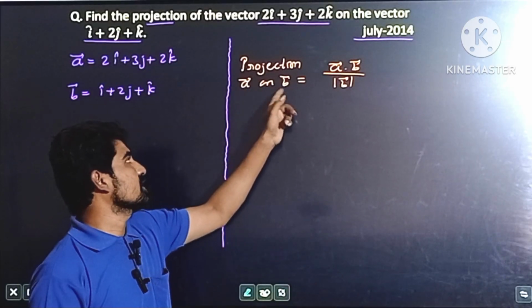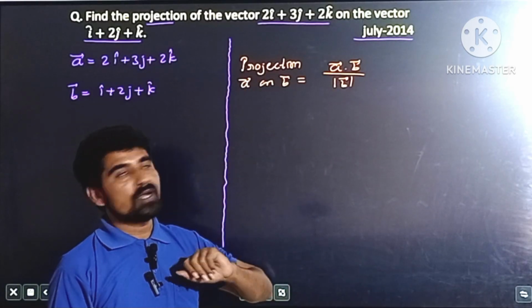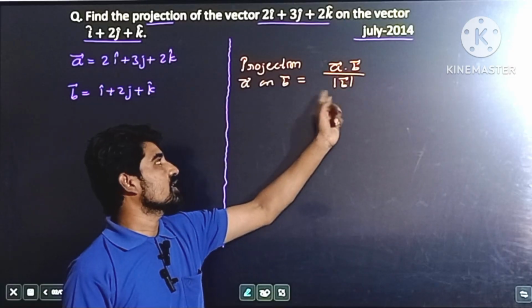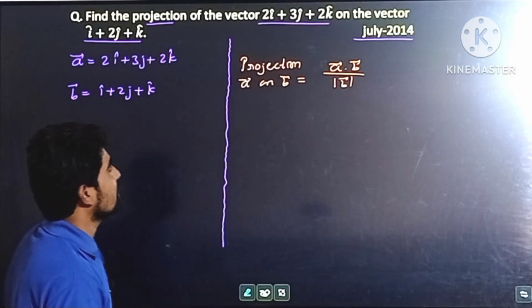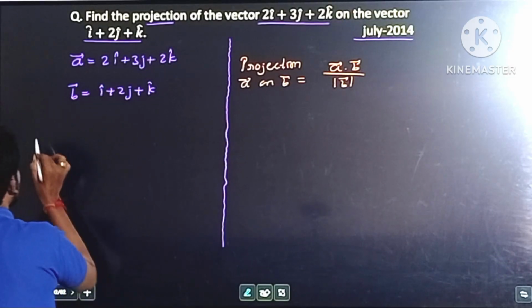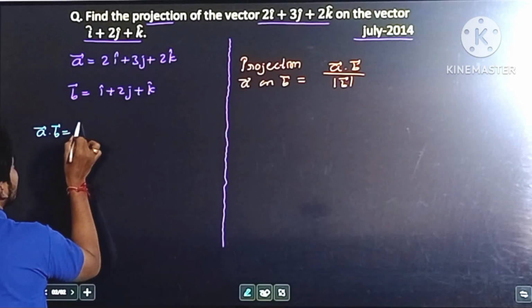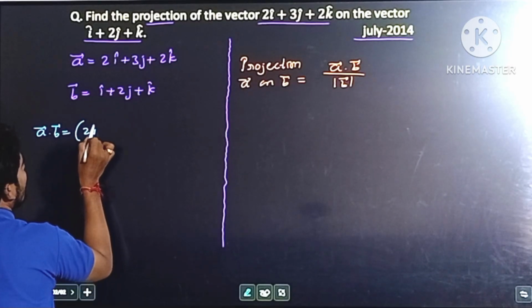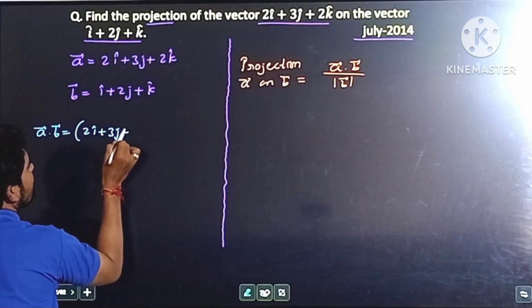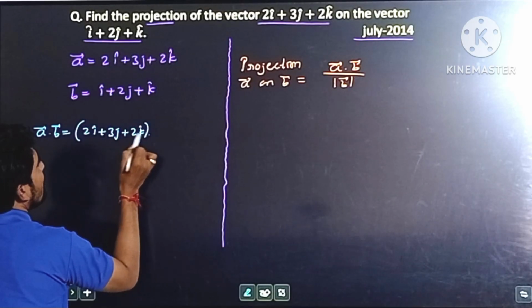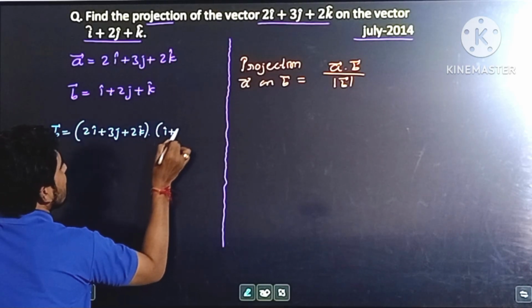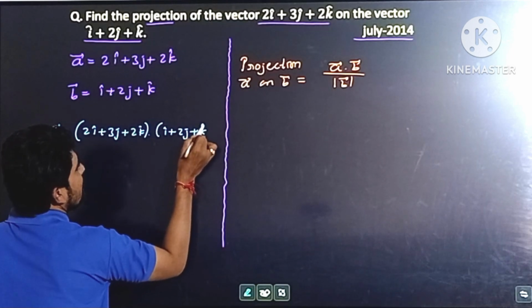To calculate the projection of A vector on B vector, we need two quantities. First one is A vector dot B vector and second one is the magnitude of B vector. So let's calculate the value of A vector dot B vector. A vector 2i plus 3j plus 2k dot B vector i plus 2j plus k.